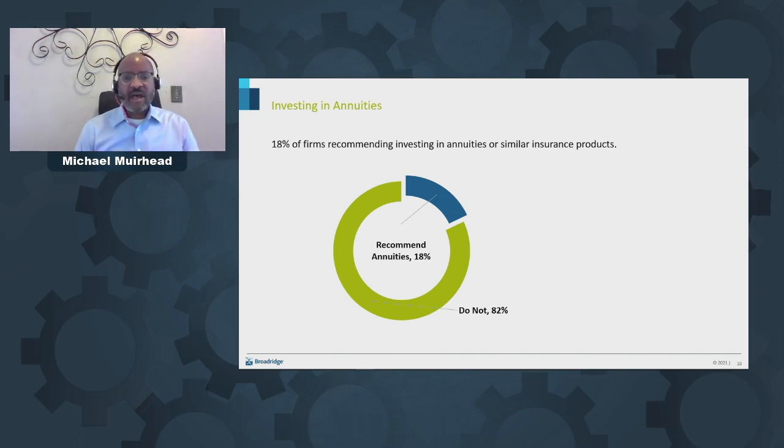And here, about 18% of the advisors recommended an annuity or insurance product. And this is pretty consistent with the previous report that we published.